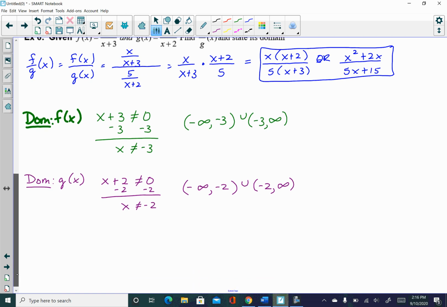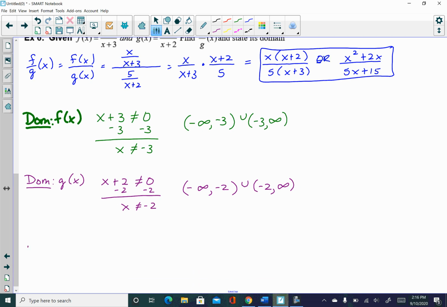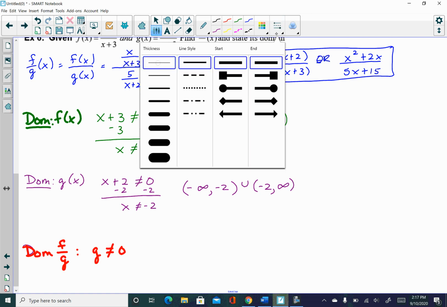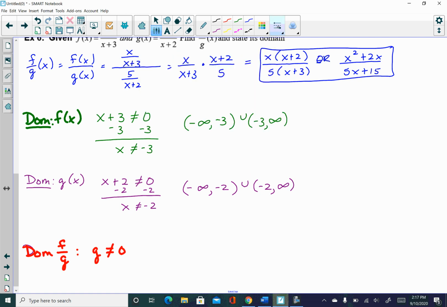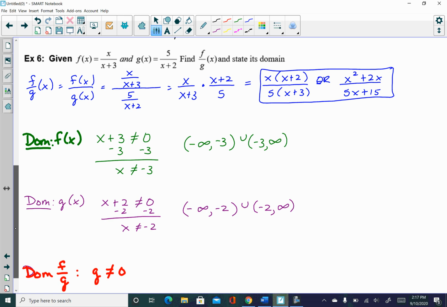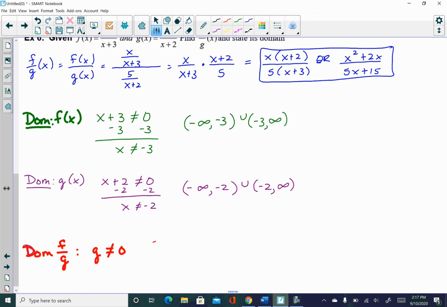And then lastly, for your domain of f over g, remember that means that g cannot equal 0. So in our case here, what's my g function? Is that the 5? Yeah. So that means then that 5 over x plus 2 cannot equal 0. Put a 1 underneath that 0.